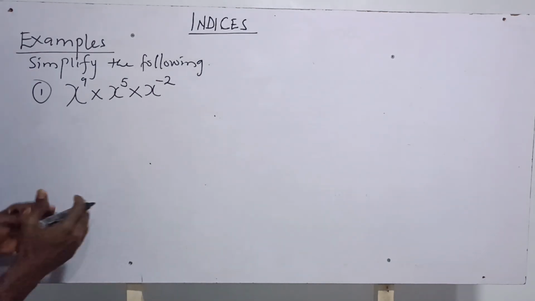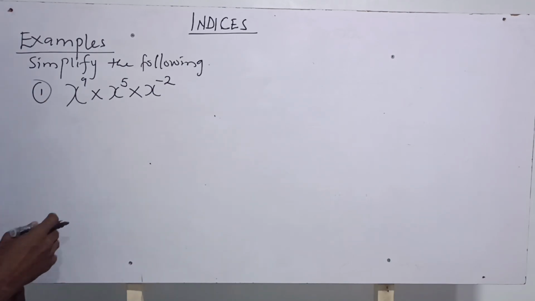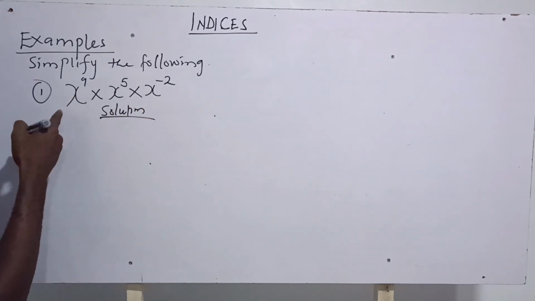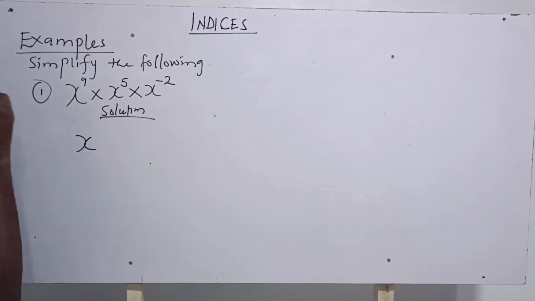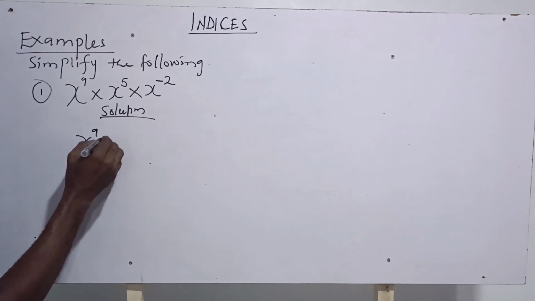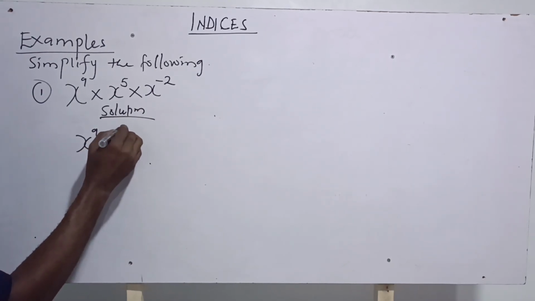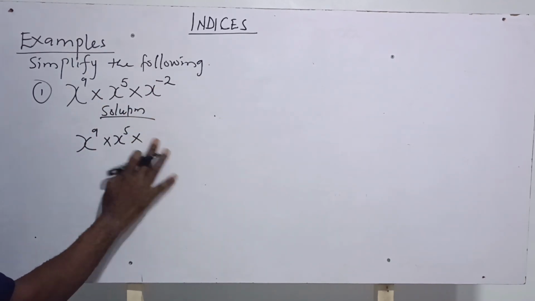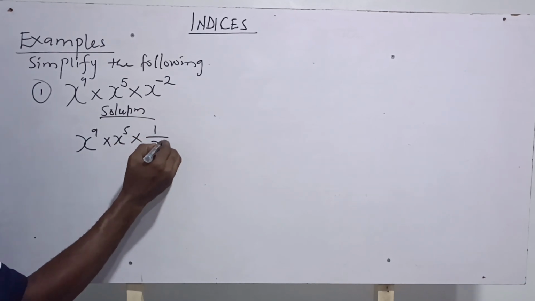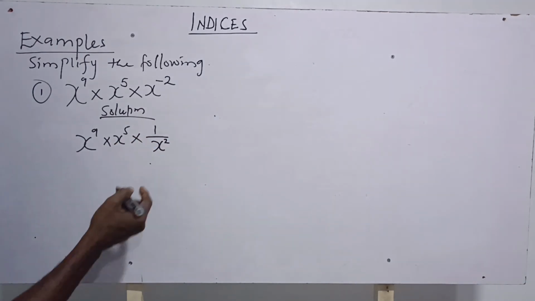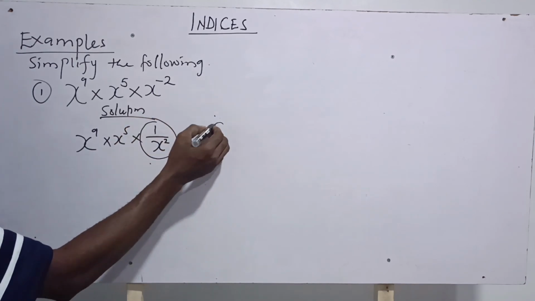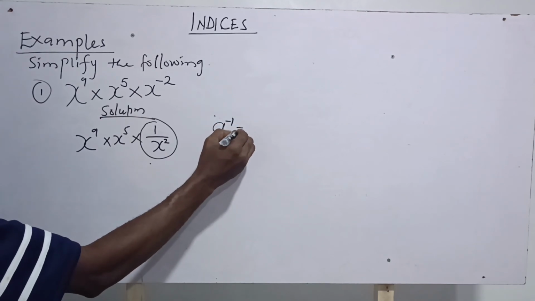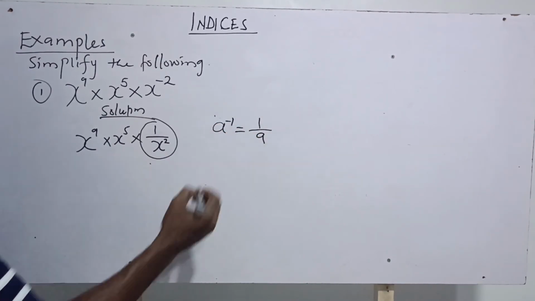since they are having the same base, x raised to power 9 multiplied by x raised to power 5 multiplied by x raised to power minus 2, because of this negative sign, we can express this as 1 all over x raised to power 2. Remember why this is like this? I told you that a raised to power minus 1 can be expressed as 1 all over a.